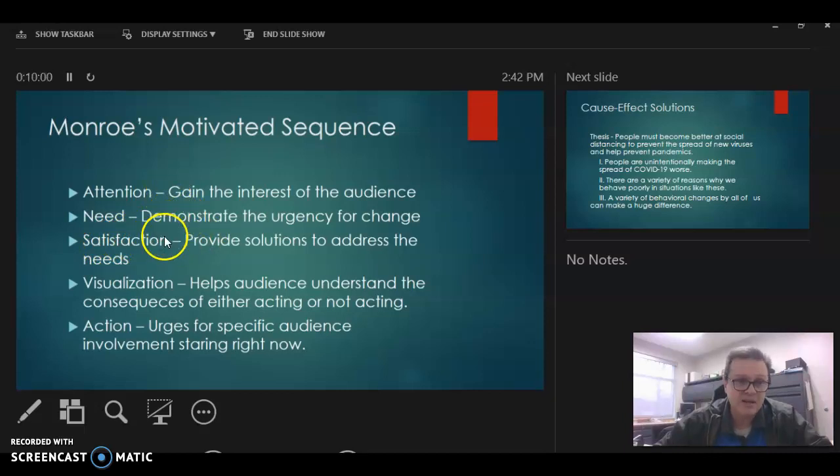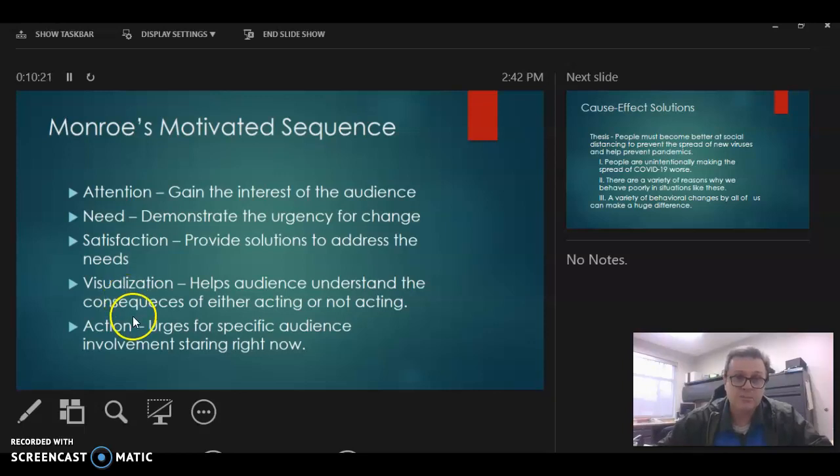So really everything up until this point is just grabbing the audience's attention and having a problem-solution structure, right? Where it gets a little different with Monroe's Motivated Sequence is visualizing. In other words, help the audience understand the consequences of either acting or not acting.